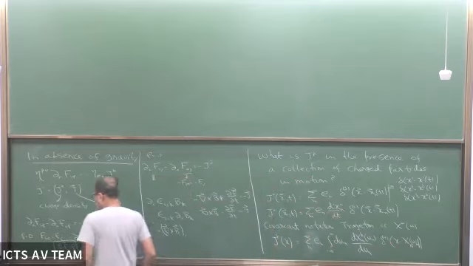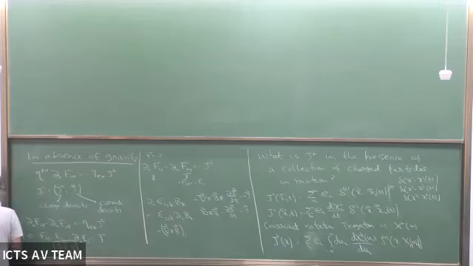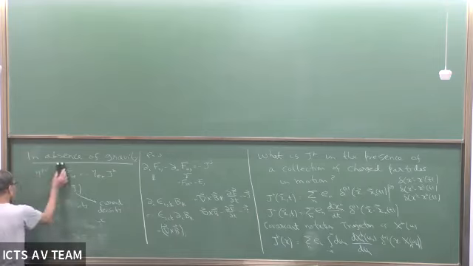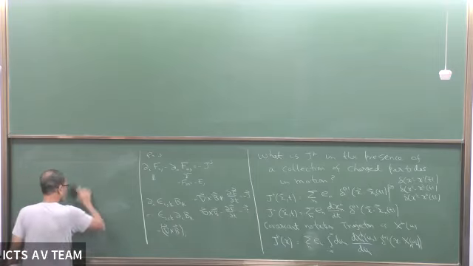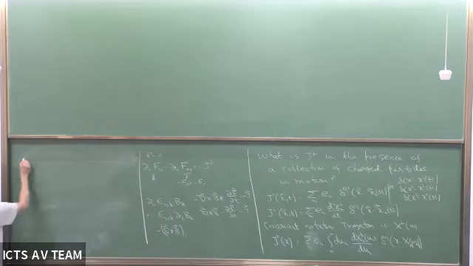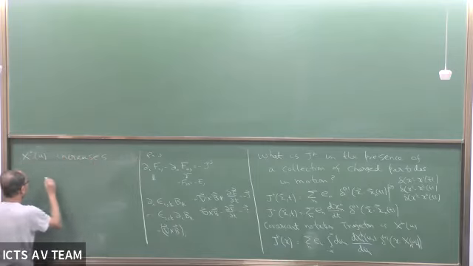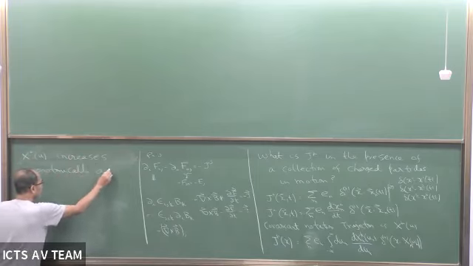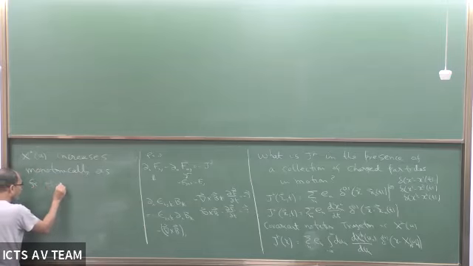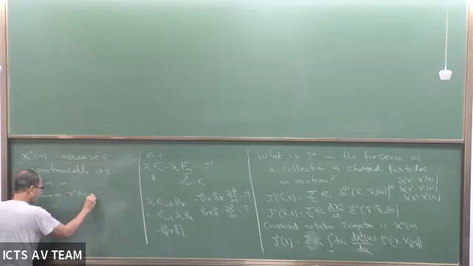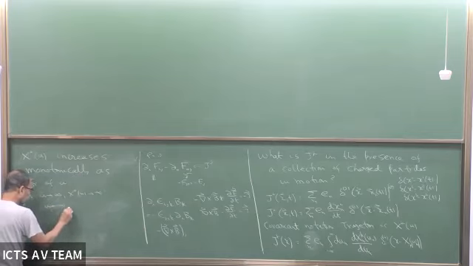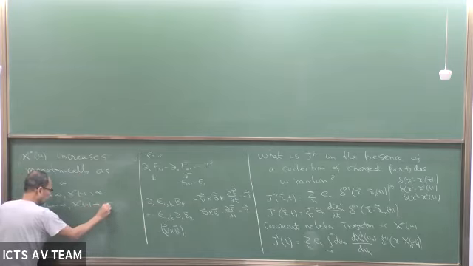Now we have to use one further piece of information. That x naught of u increases monotonically as a function of u, and as u goes to infinity, x naught of u goes to infinity, and as u goes to minus infinity, x naught of u goes to minus infinity.